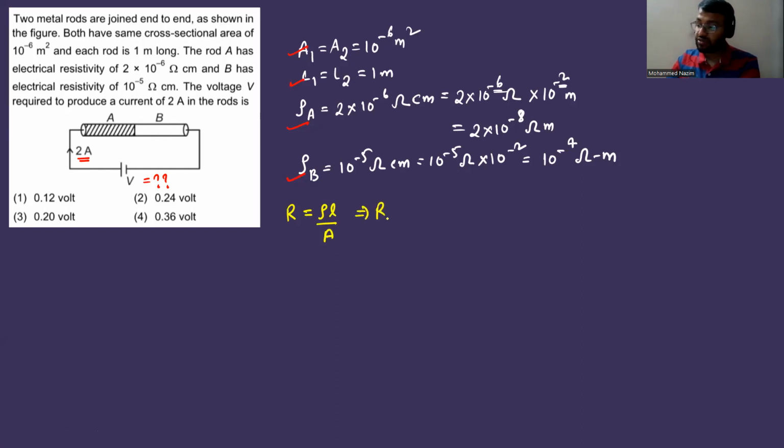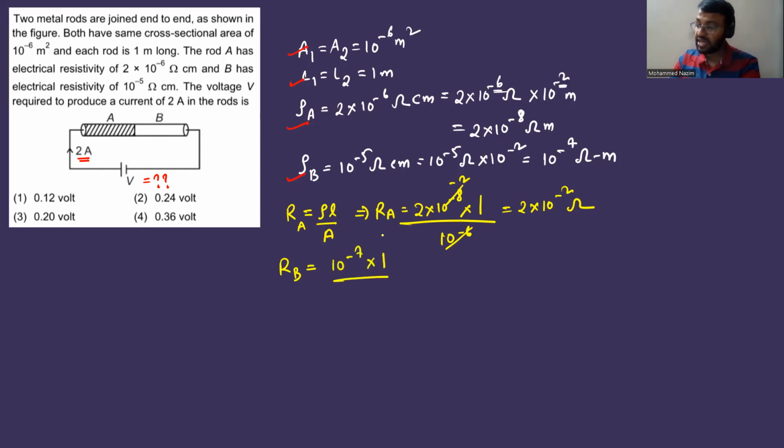So what is the resistance of wire A? Rho is 2 into 10 power minus 8, into length, which is 1, divided by area. How much is the area? 10 power minus 6. So minus 6 will cancel, minus 2 will be there. So this is 2 into 10 to the power minus 2 ohms. This is the resistance of A. Similarly, you can calculate resistance of B, which is rho L divided by A. Rho is nothing but 10 power minus 7.